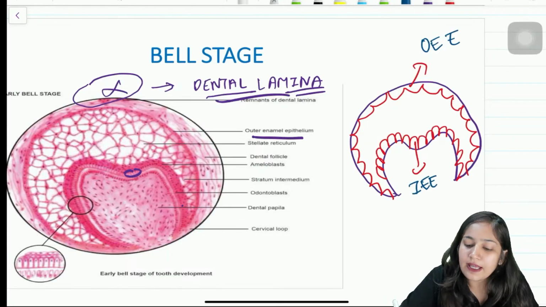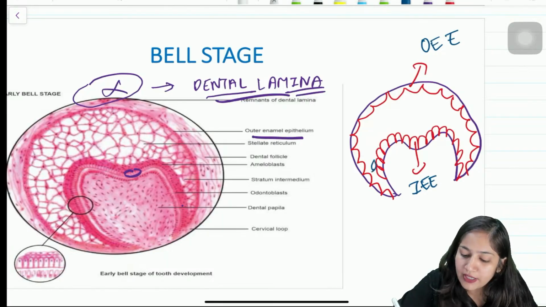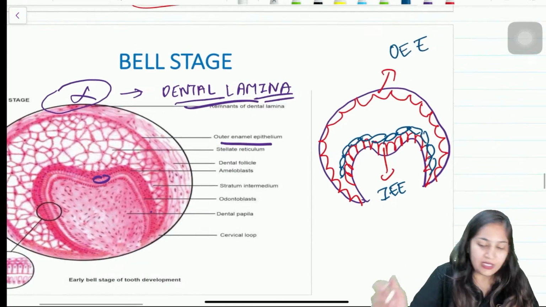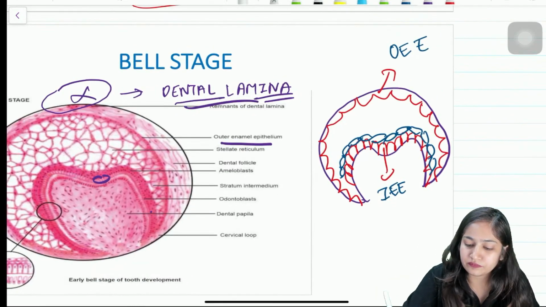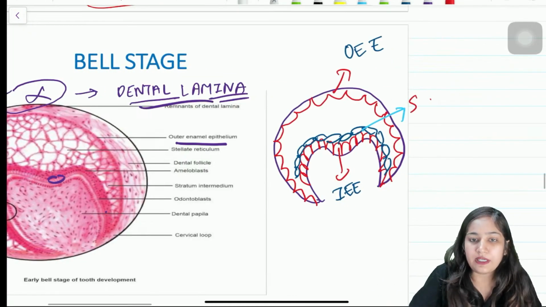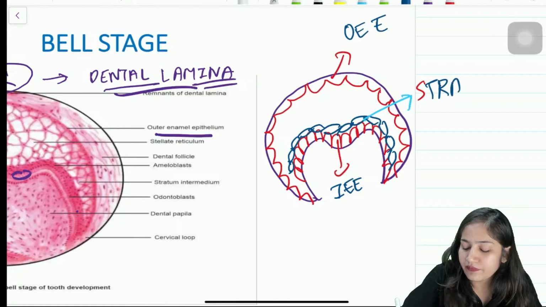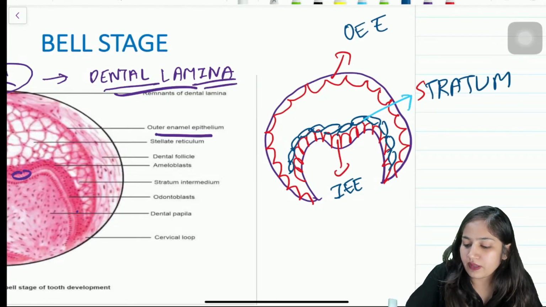Above this inner enamel epithelial layer, we have one more layer. Flattened cells will be present. Flat squamous cells we can appreciate here. These are our stratum intermedium. You can see these flattened cells.